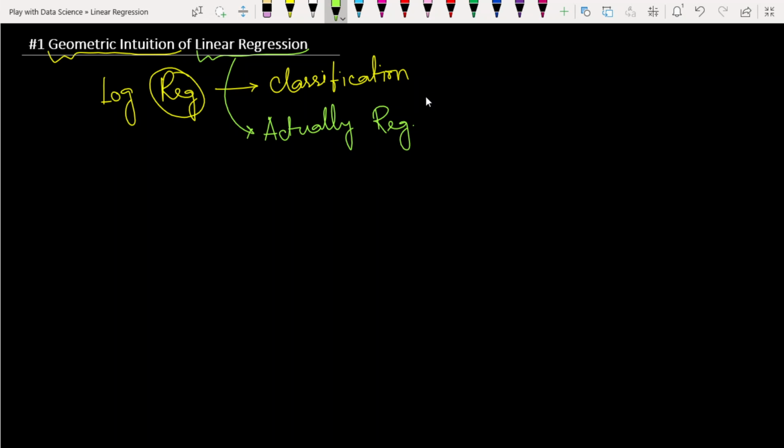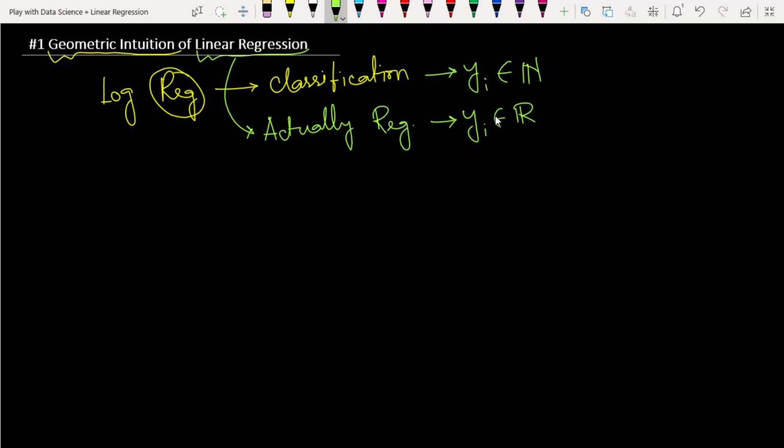In classification techniques we have classes, and the actual output yi belongs to some set of natural numbers, that is 1, 2, 3. We have to separate these classes, but here the actual output belongs to the real numbers.